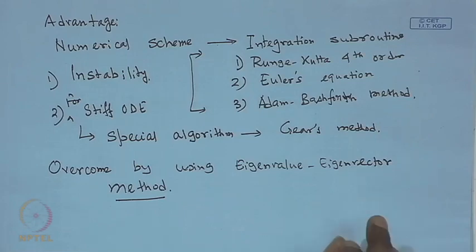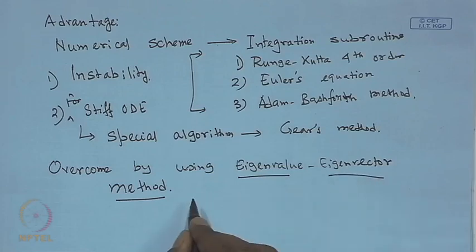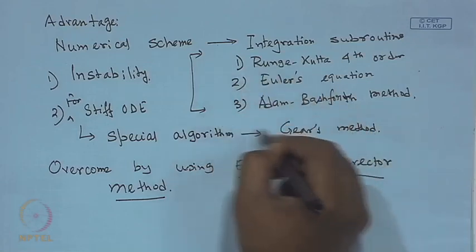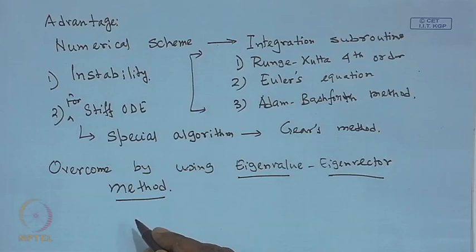So, using 4 such basic subroutines, one can utilize the eigenvalue eigenvector method to solve complicated problems of linear ordinary differential equations in chemical engineering, and can do away with the complications or shortcomings of numerical integration.